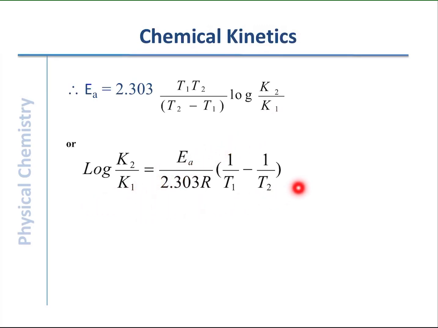Or you can write it easier in this form. From this equation, you can correlate between temperature and rate constant. If you change the temperature from T1 to T2, the rate constant will change, knowing the activation energy of the reaction and the rate constant is given.